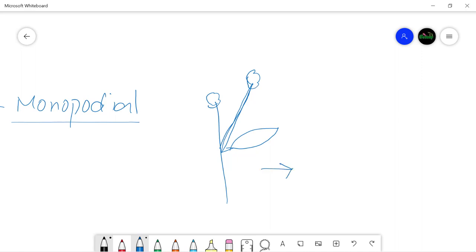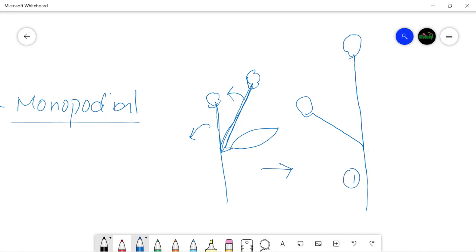Now what happens that this particular branch, it tries to get straight. When it tries to get straight, what happens that this particular part of the main axis, it will bend towards the left. So this is the main axis, and now this is the second.